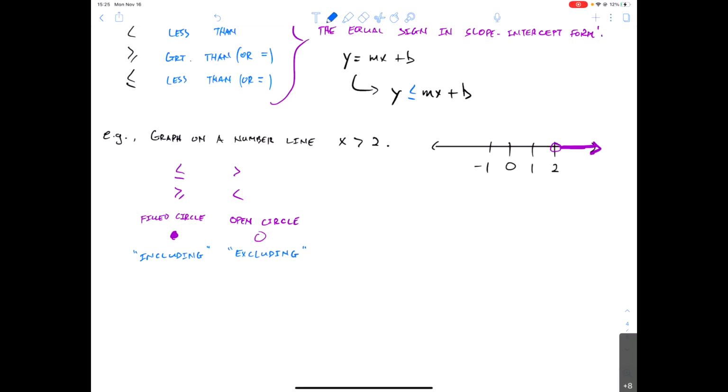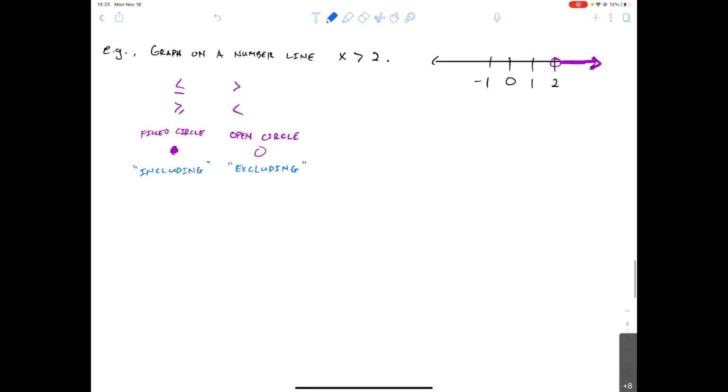We have, for example, 6. I think this is our last one. Graph and shade.